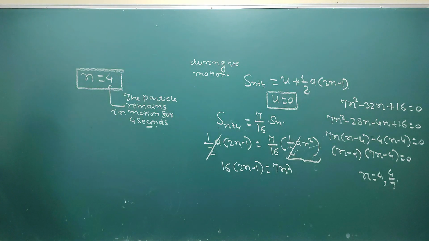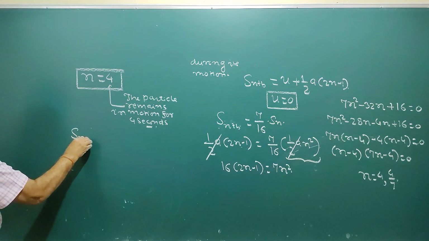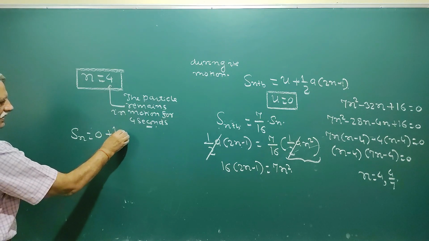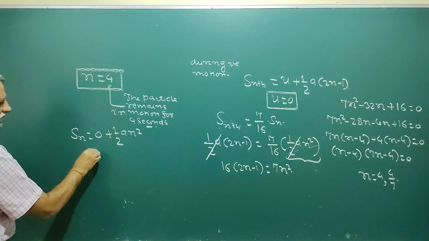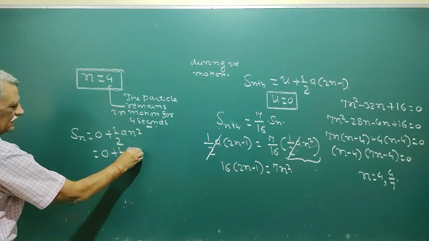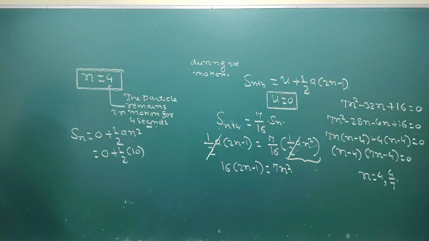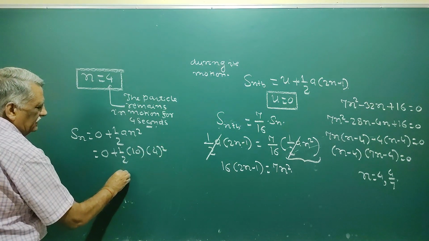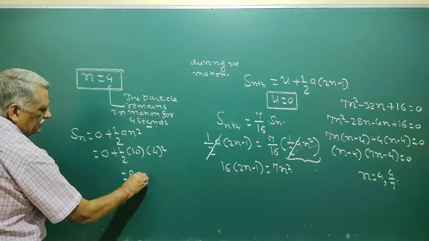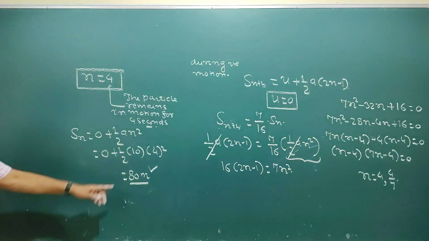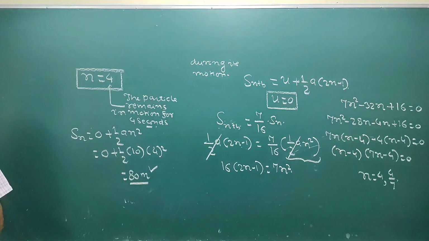Total distance covered by the particle S_n will be equal to 0 initial velocity plus half a n square. The acceleration a is given as 10 and n is equal to 4 seconds. Squaring 4, you get 80 meter. The particle travels a distance of 80 meter during its motion. Is it all right?